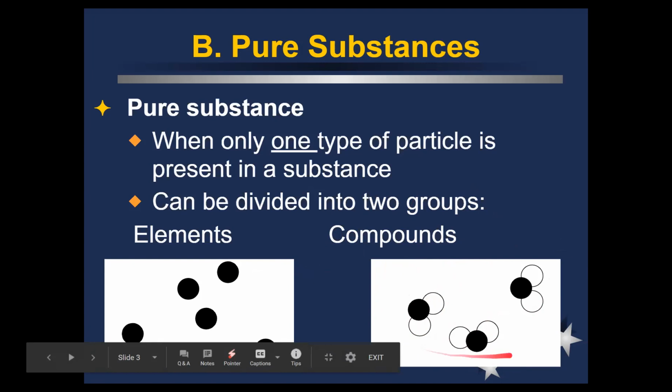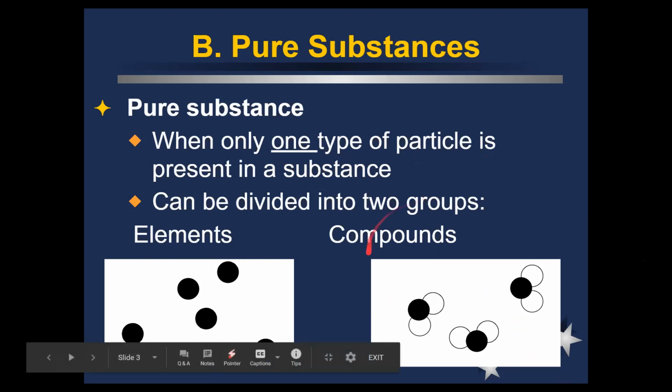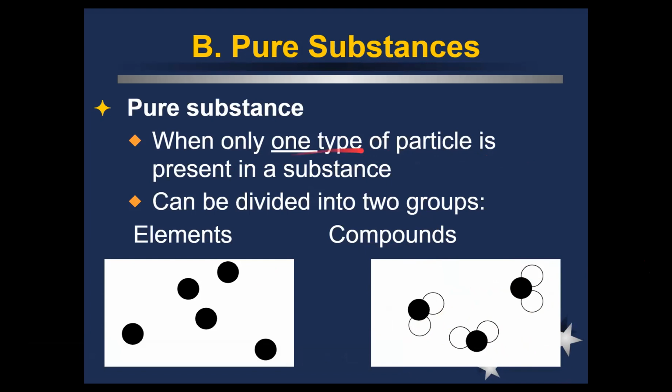This is still a pure substance because this particular compound, the one black and two white compound, is the only type of particle present, right? There's no single black dots in here. There's no single white dots. The only thing present is this one black, two white compound. So that's what we mean when we say pure substance, where there's only one type of particle present.